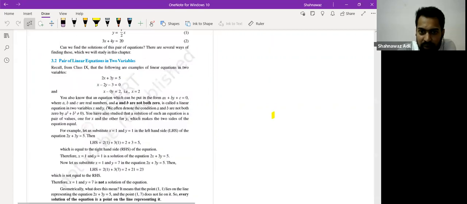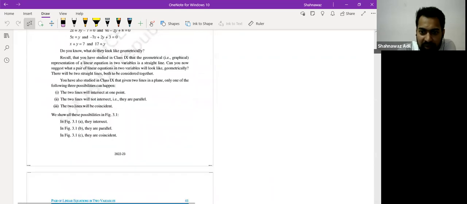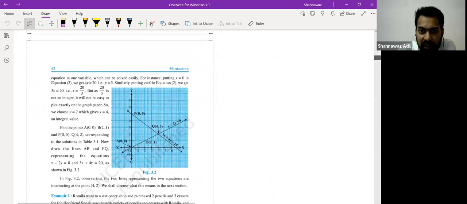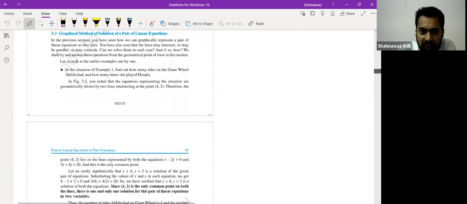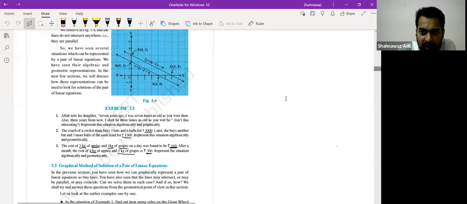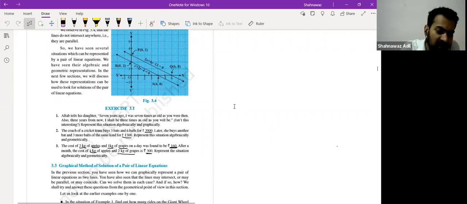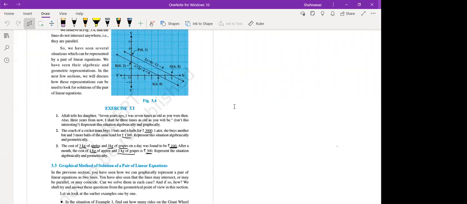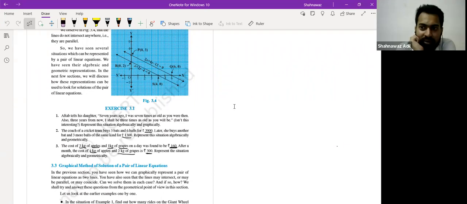Why aren't there three linear equations in two variables, I should say? The answer is that we have two unknowns, right, Adil? Right, Rizwan? Yes, sir. So there are two unknowns, and that is why we need two equations. We need two equations to solve for two unknowns, so that is why we have a pair of linear equations.